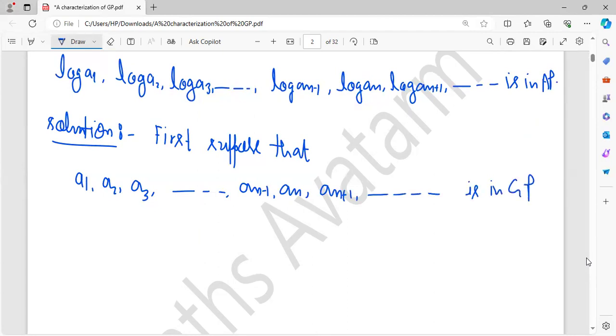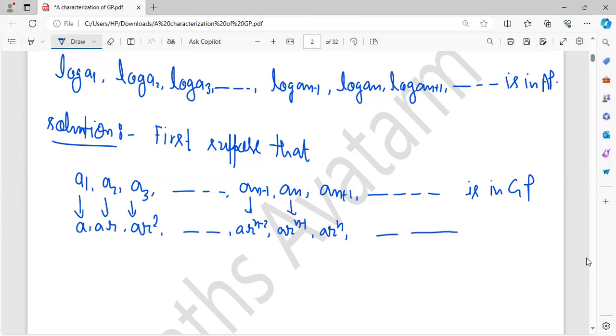If it is in GP, it will look like a, ar, ar square, ar to the power n minus 2, ar to the power n minus 1, ar to the power n, and so on, because a GP series looks like this, where r is a common ratio and a is the first term.